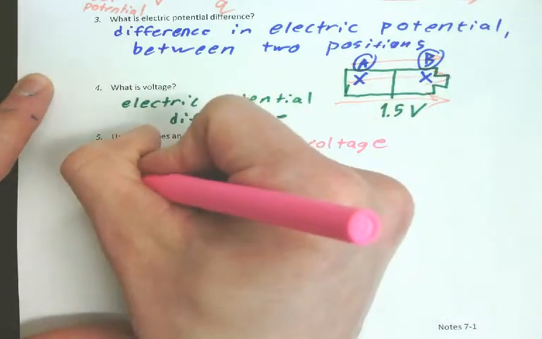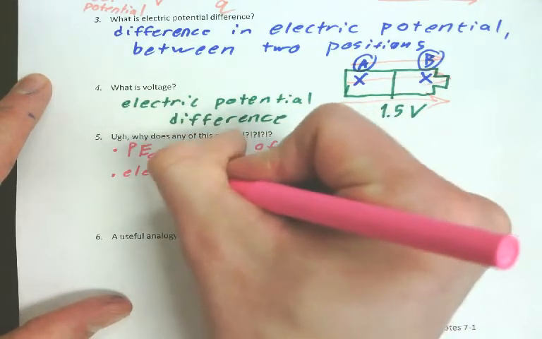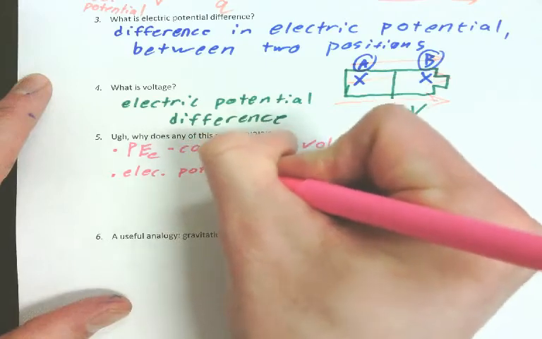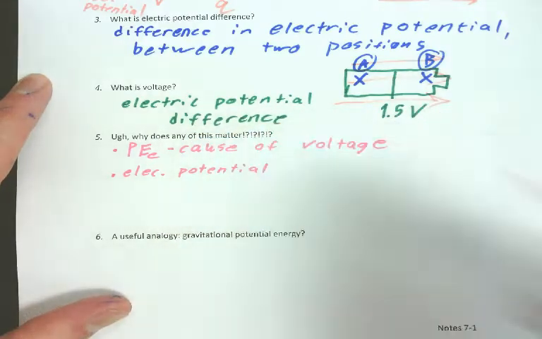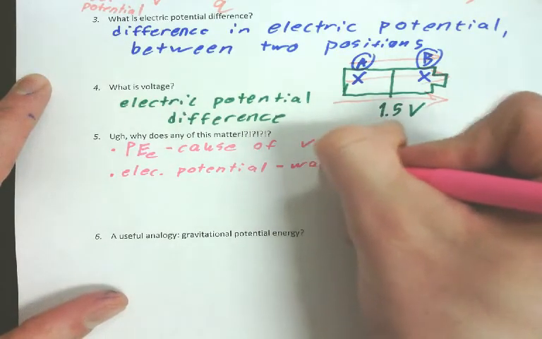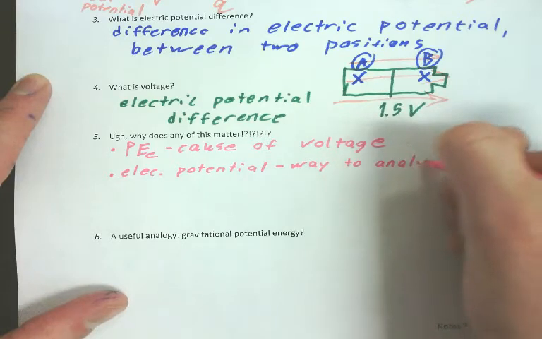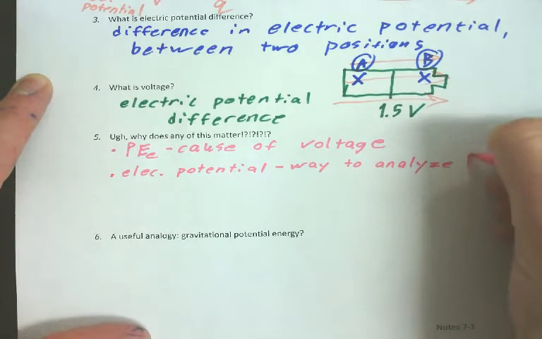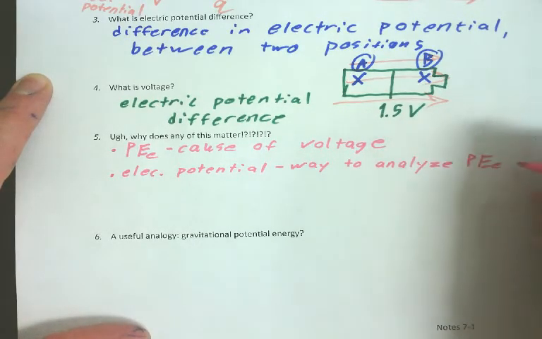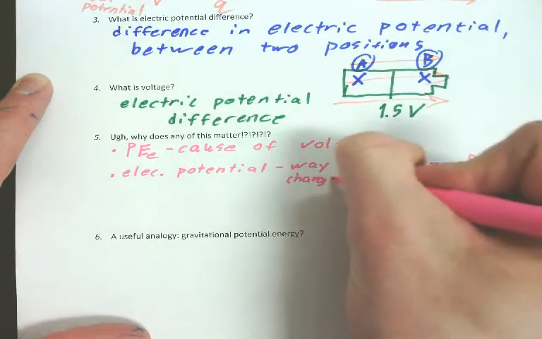The reason why electric potential matters is because it's a way to analyze electric potential energy if charge is unknown, which is very common.